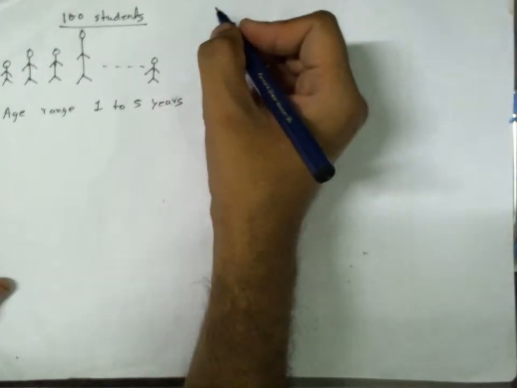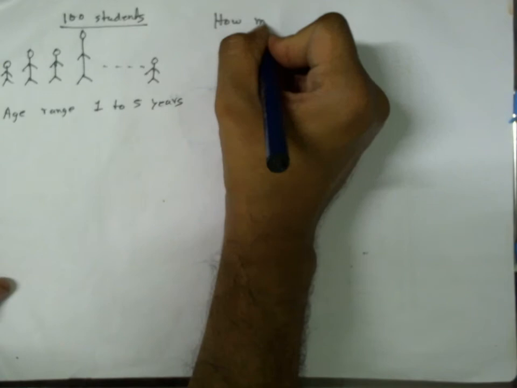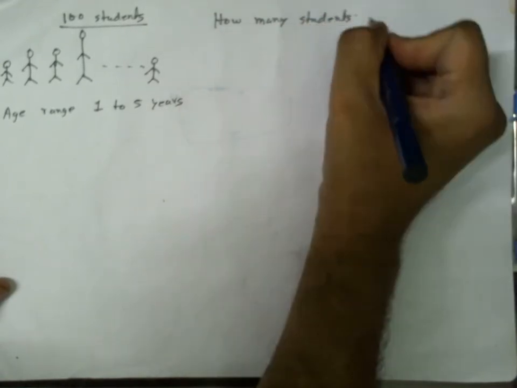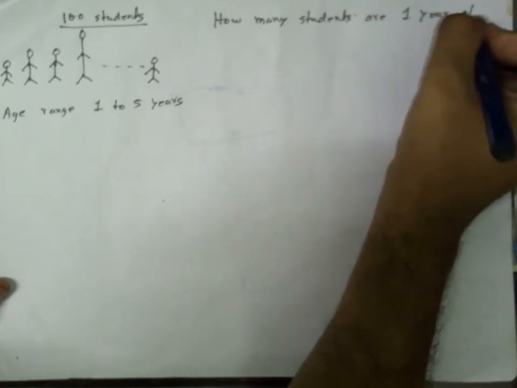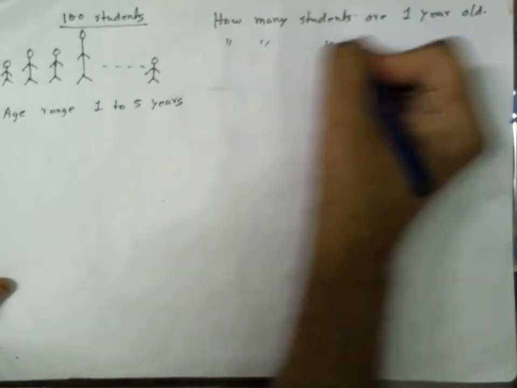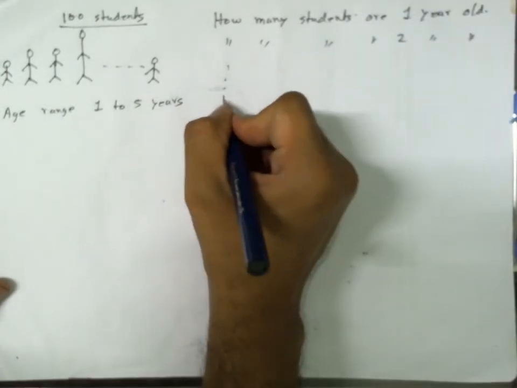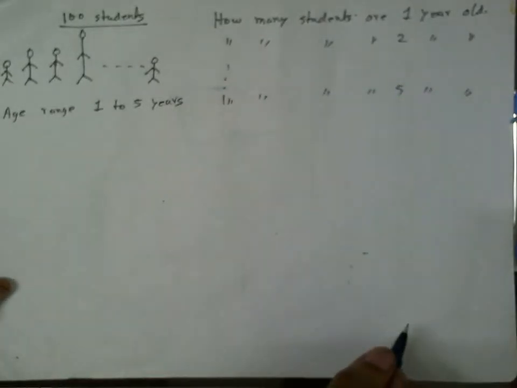Now what I want to know is this: how many students are 1 year old, how many students are 2 years old, and so on, and how many students are 5 years old.